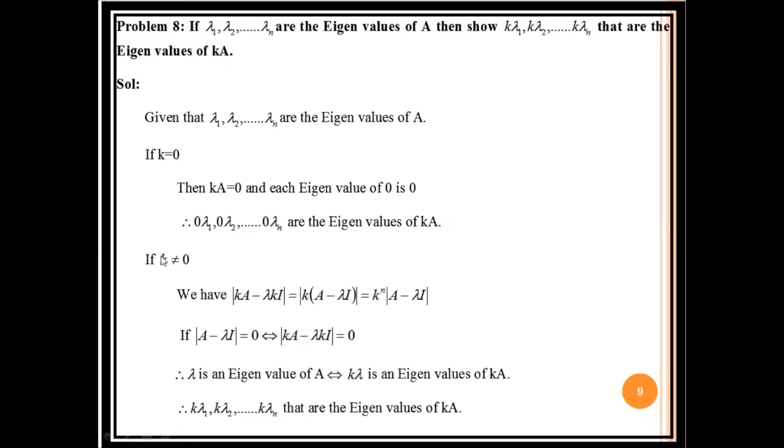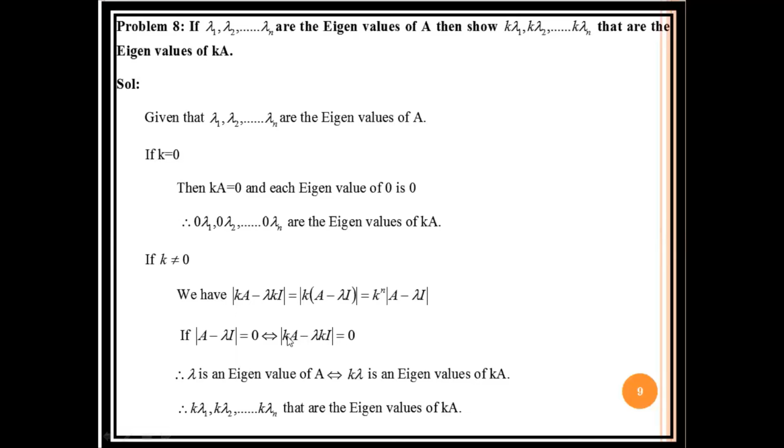Right? So the second case is k is not equal to 0. So if k is not equal to 0, what will we get? We consider the determinant of kA minus lambda I matrix equation. So the determinant of kA minus lambda I. Right? So in this, take k common. What do we want to show? That k lambda is an eigenvalue of kA.